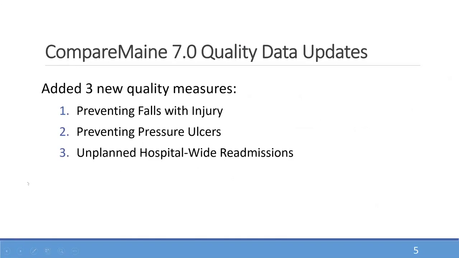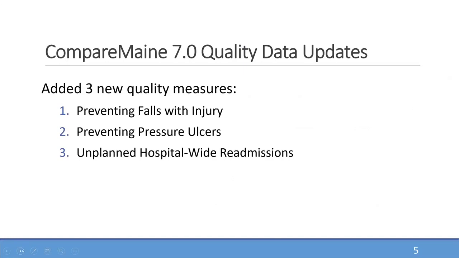One of the requests that we've received from not just our consumer advisory group, but from legislators, is to add more quality data to the site. So we've been working on a short-term strategy, and then a longer-term strategy to bring more quality measures into the site. And this is part of that strategy with the release of these 3 new measures in May.